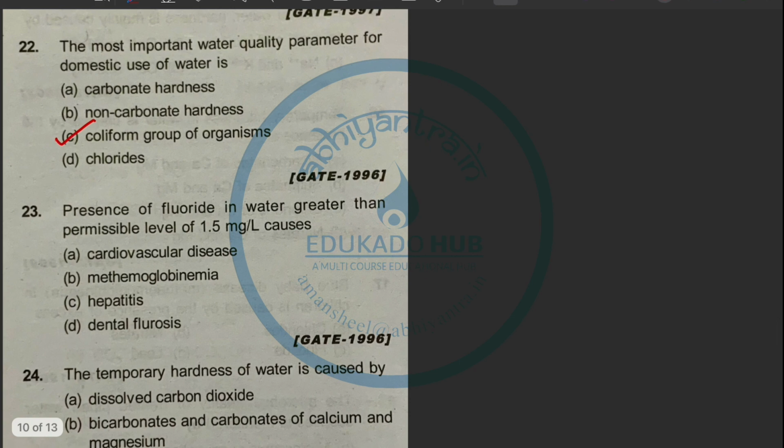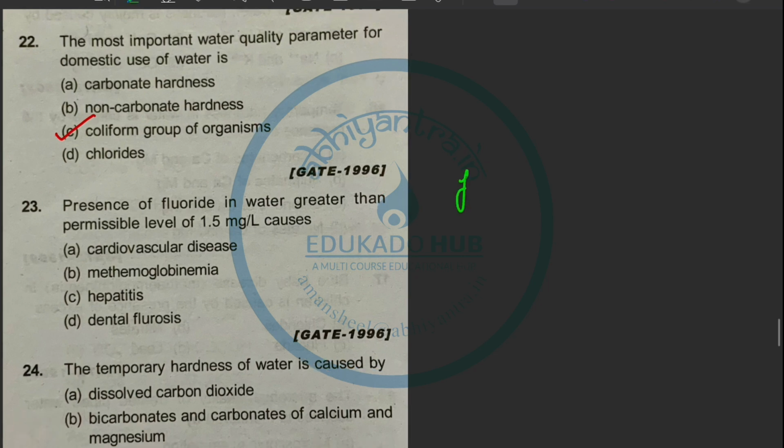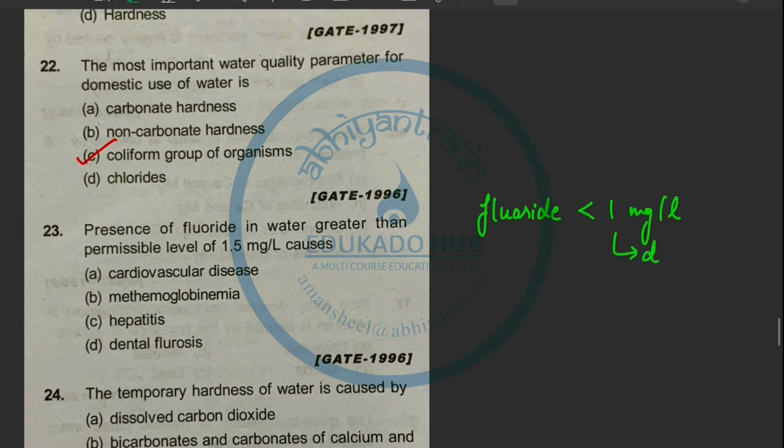Next, 23. Presence of fluoride in water greater than the permissible level of 1.5 mg per liter causes cardiovascular disease, methemoglobinemia, hepatitis, or dental fluorosis. For fluoride less than 1 milligram per liter, this is also not good for our body because it causes dental cavities.